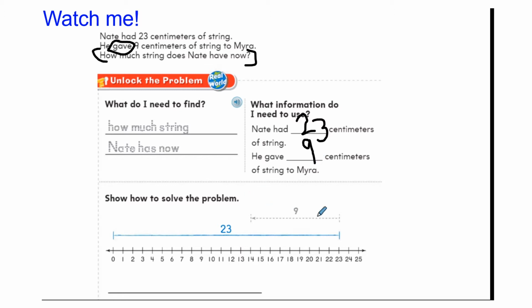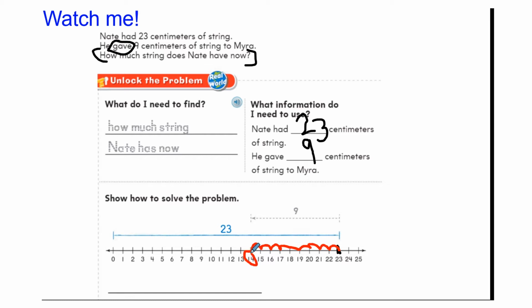Okay, so we go here and we find 23 on the number line, and then we are going to hop back 9. We're going to go back 9 because that's how many he gave to Myra. 1, 2, 3, 4, 5, 6, 7, 8, 9.